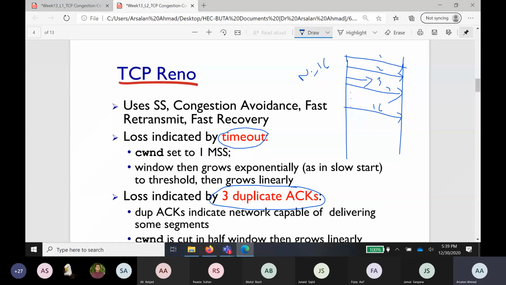Since 3 is lost, after receiving 4, again ACK of 3, and after receiving packet 5, again ACK of 3, and packet 6, again ACK of 3, and so on. Maybe not only 3, maybe 4 was also lost; maybe the loss happened in the form of a burst.